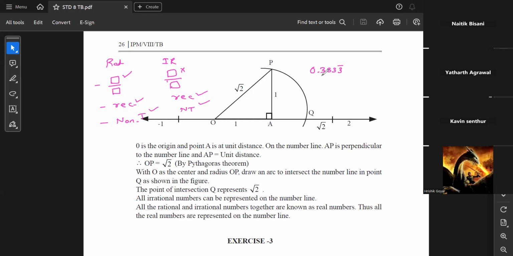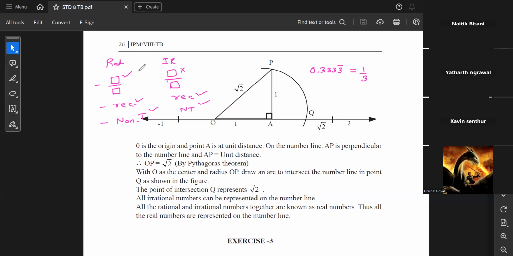Now, this is 0.3333 recurring. Just because it is recurring, I can't directly say it is irrational, because rational numbers can also be recurring. It is possible. But the real question is, can this 0.33 be expressed as a fraction? Yes, it can be expressed as 1 upon 3.